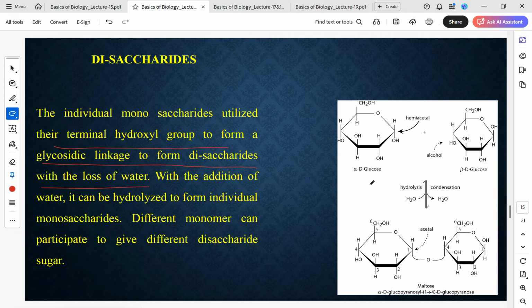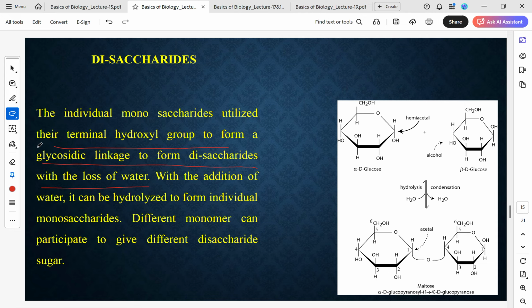So if two glucose molecules condense, they release one molecule of water and form maltose with a glycosidic linkage in between. If maltose hydrolyzes with the addition of water, it can form the individual molecules of glucose again.